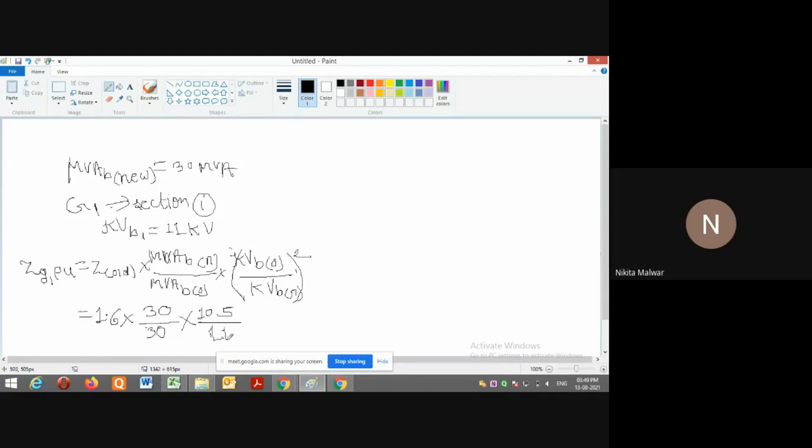So we will write 11 whole square. Tell me the value for generator 1. 1.4578 per unit.